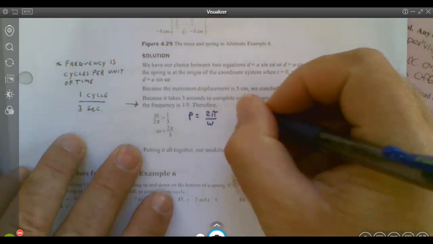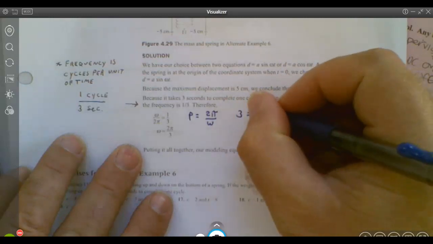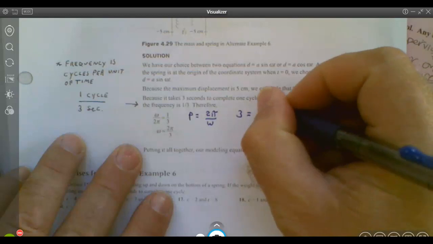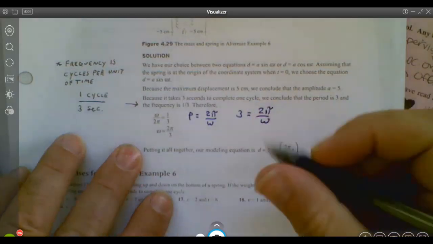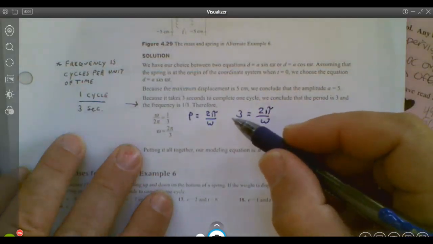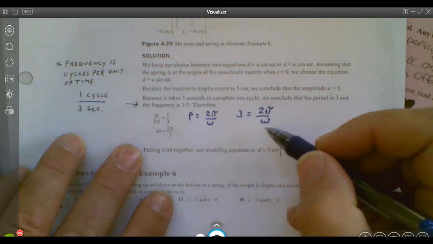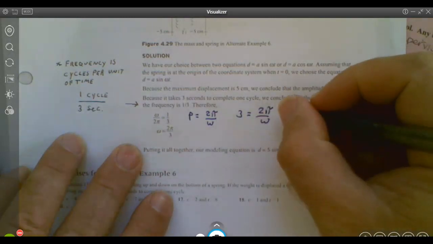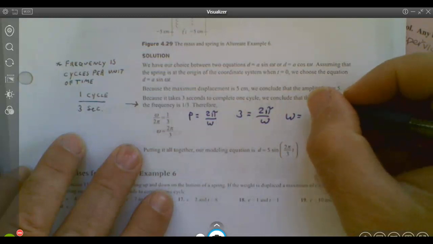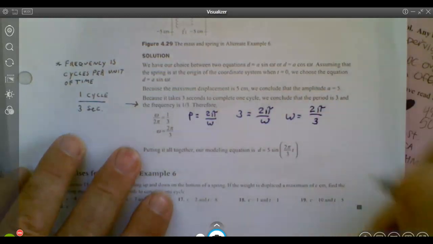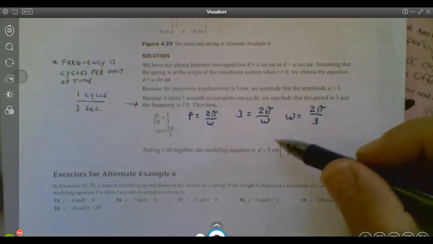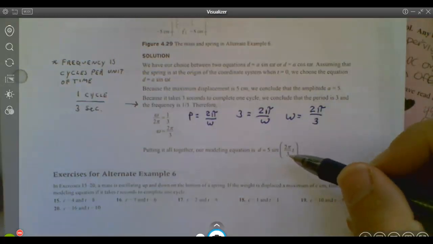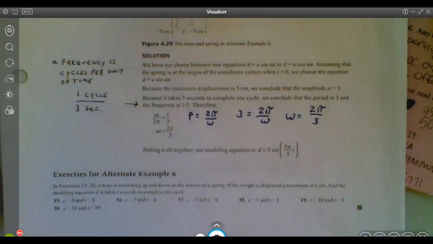So I'm just saying 3 seconds equals 2 pi over W. If I multiply my W over to here and divide the 3 back underneath, just like we've done before with our B values, then we get our value for W. And that gets subbed in right here, just like our B value would, and we have our sine function. So not too bad on that.